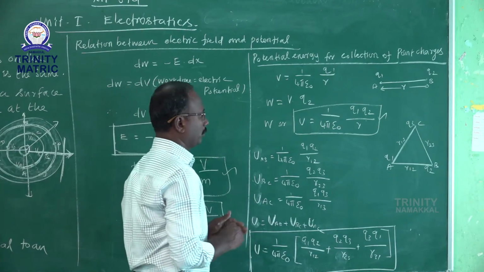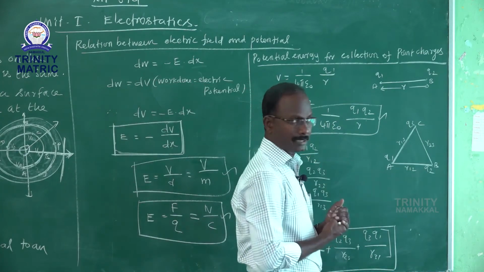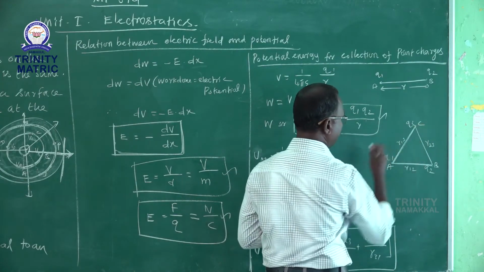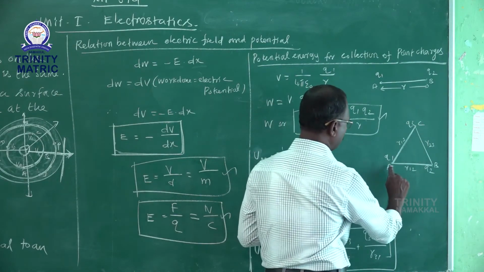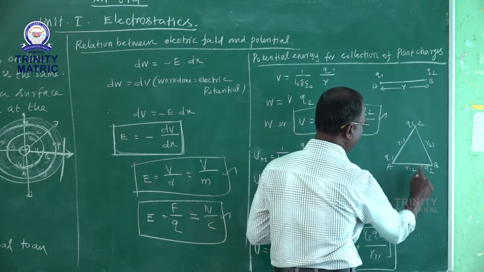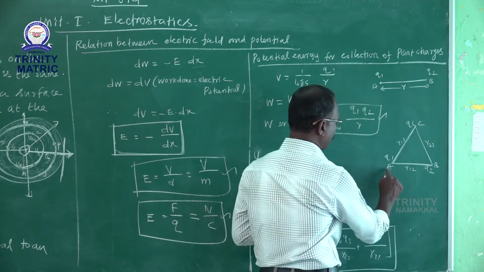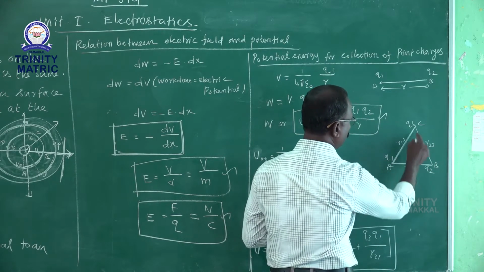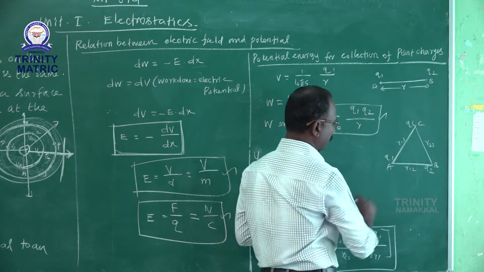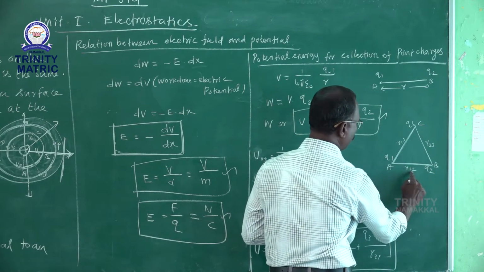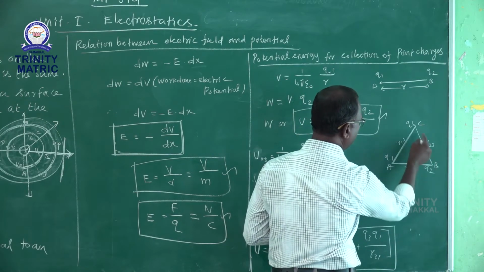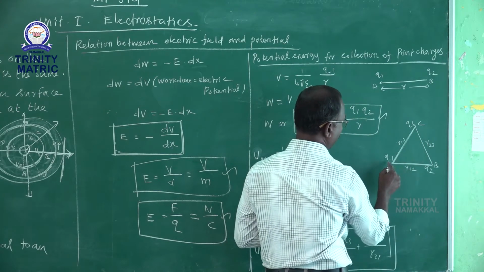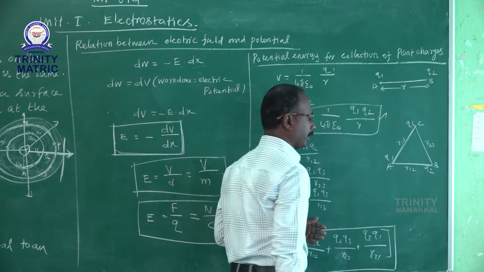Now we calculate for a collection of charges. Let us consider points A, B, C. At point A you put charge Q1, at B Q2, at C Q3. The distance between A and B is R12, between B and C is R23, and similarly between Q3 and Q1 is R13.